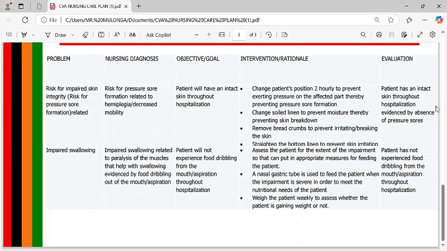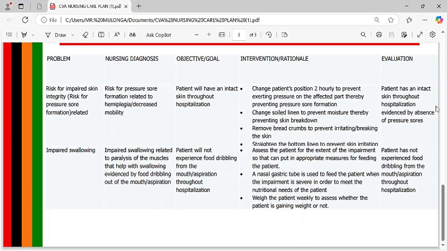From there, let's look at the goal or objective. The goal is the patient will not experience food dribbling from the mouth or aspiration throughout hospitalization.